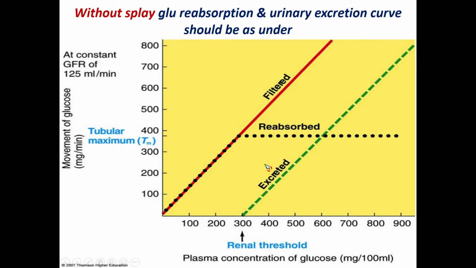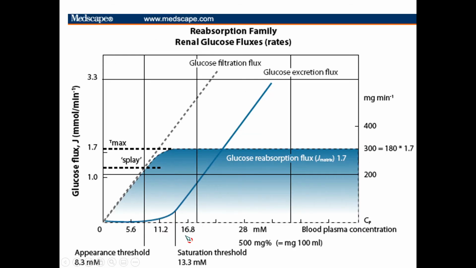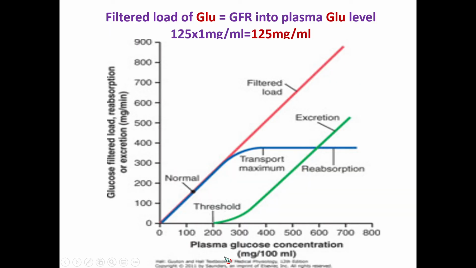Let's see another graph. Here again your red line is concerned with the filtered load of the glucose, and the blue line is concerned with the glucose reabsorption. Now you see here, if you follow my cursor, this is approximately 375 milligram.